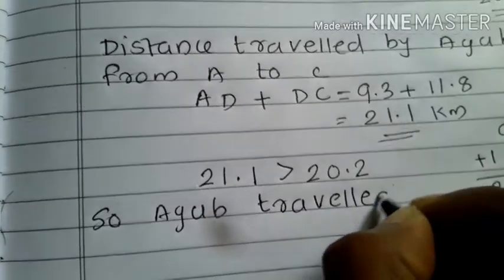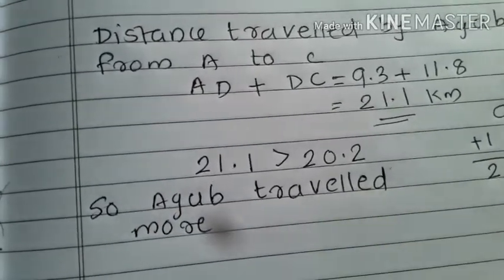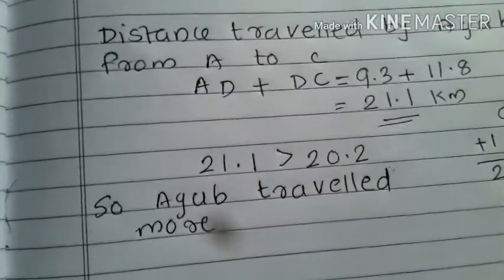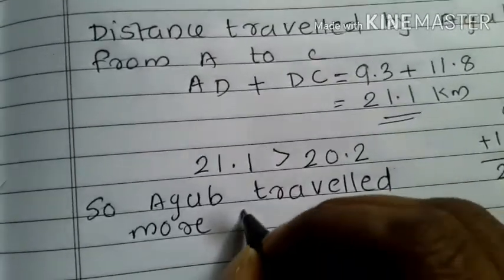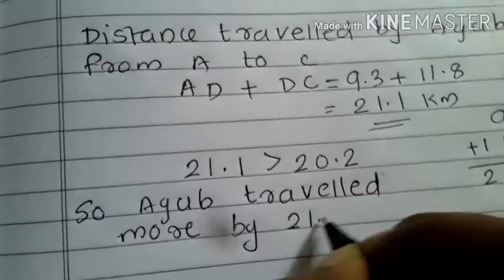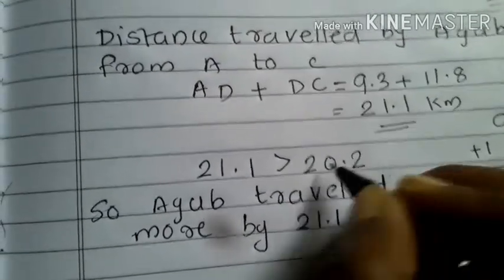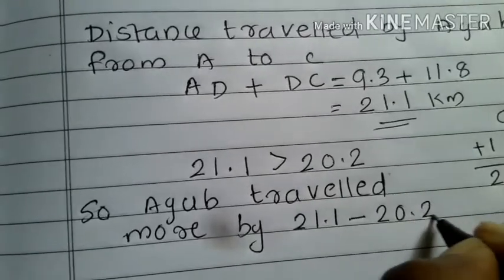Ayub traveled more. And one more question is there. By how much? Subtract the numbers. 21.1 kilometer minus 20.2.